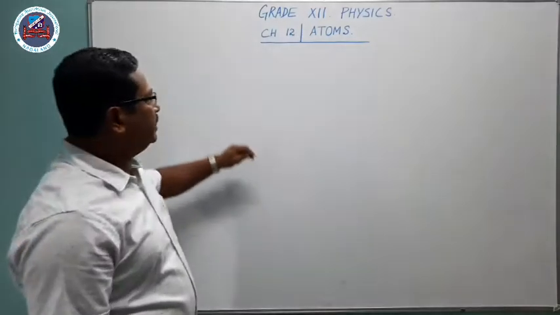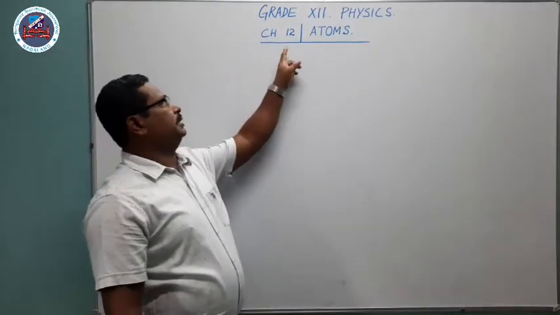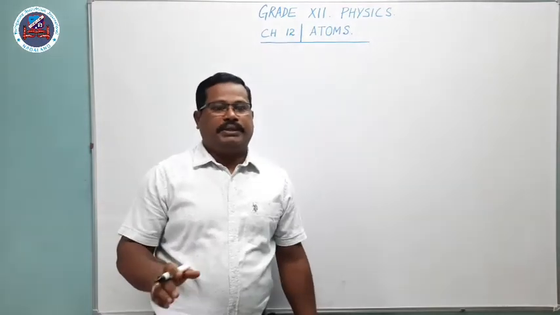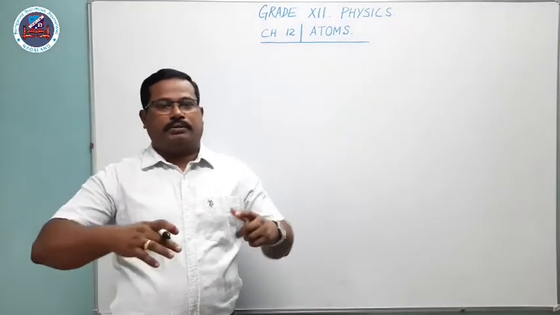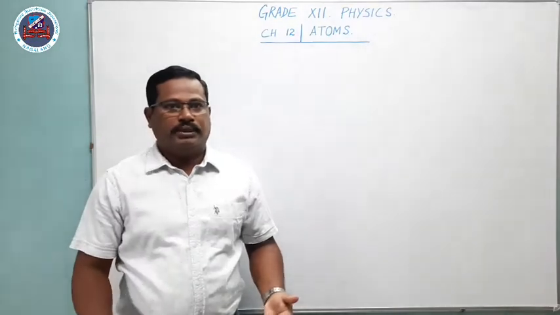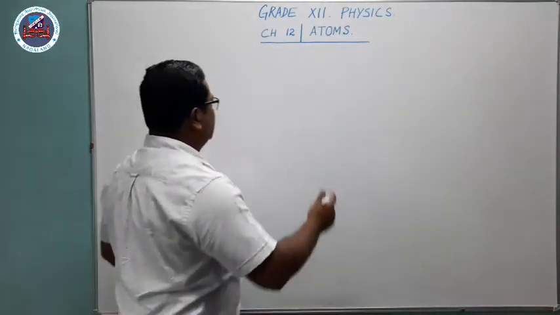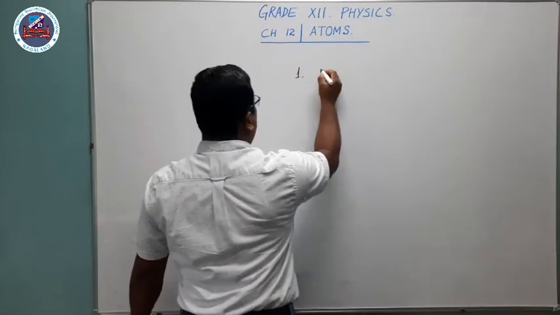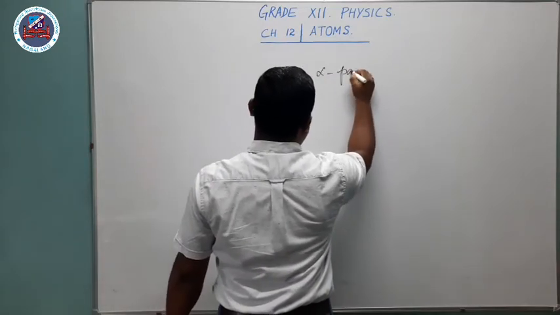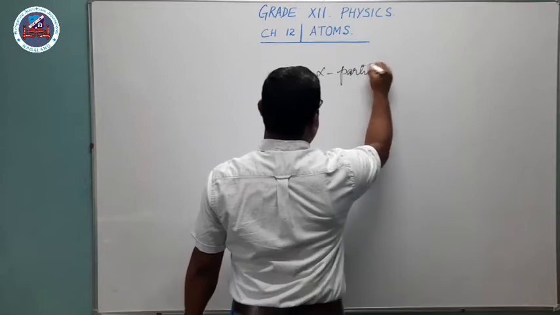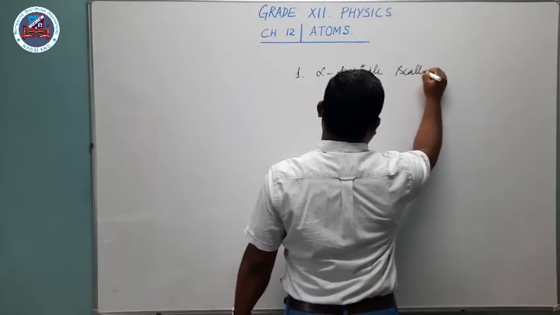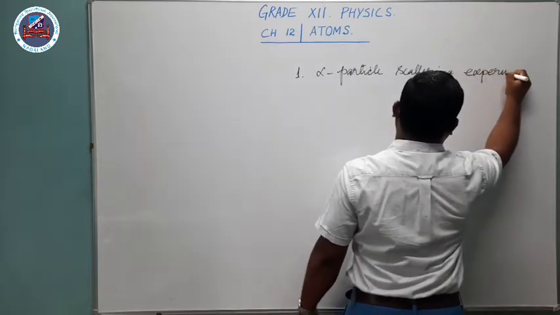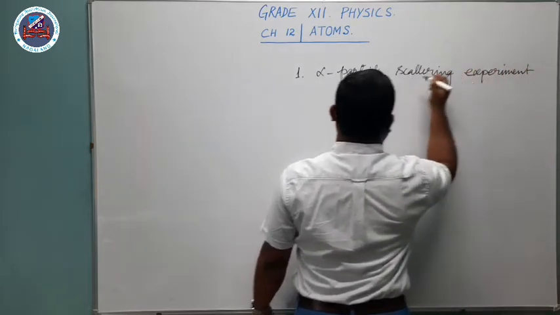Today we are going to start a new chapter in physics, chapter 12, that is atoms. In this chapter, we will be focusing on the structure or the model of the atom. In the beginning, the first thing that you are going to study is the alpha particle scattering experiment by Rutherford.